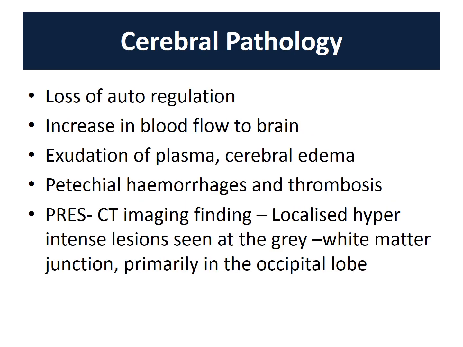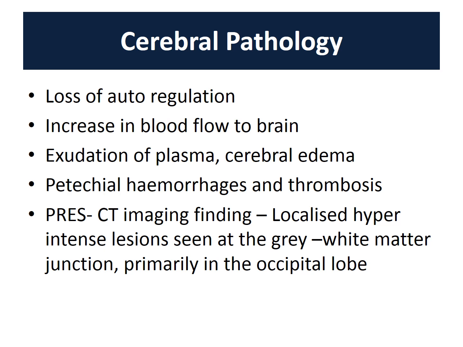Eclampsia is a sign that the preeclampsia has affected the brain. The brain has the property of autoregulation, which means the blood flow to the brain remains constant in spite of fluctuation in the blood pressure.